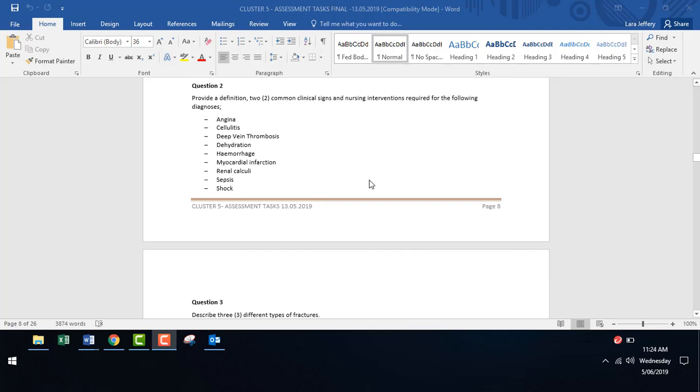Question 2. Provide a definition and 2 common clinical signs and nursing interventions required for the following diagnoses. So we want you to go through each of these issues and problems that patients present with acutely, and we want you to define them.